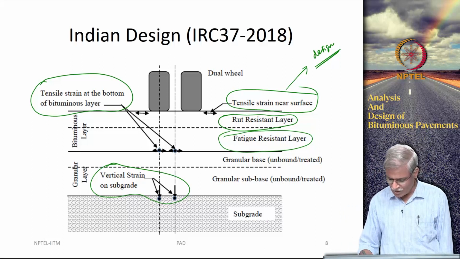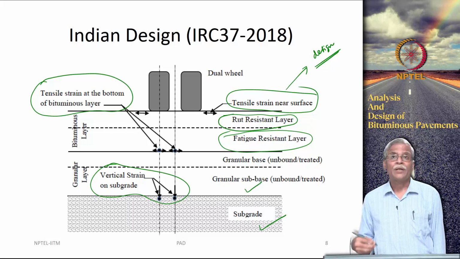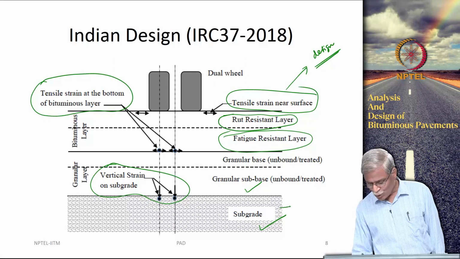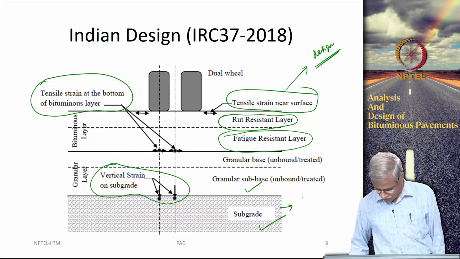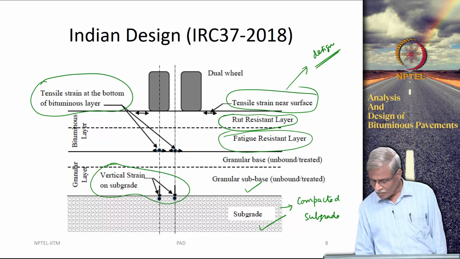The cross section is the same. You have a subgrade, it could be an unbound or a treated granular base. Now, this subgrade should be called as a compacted subgrade. Okay.